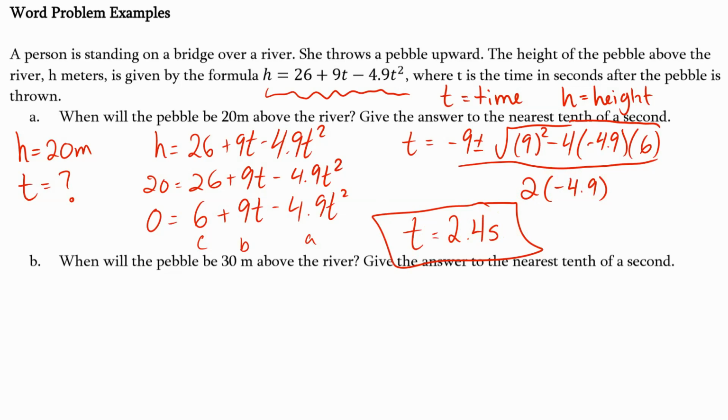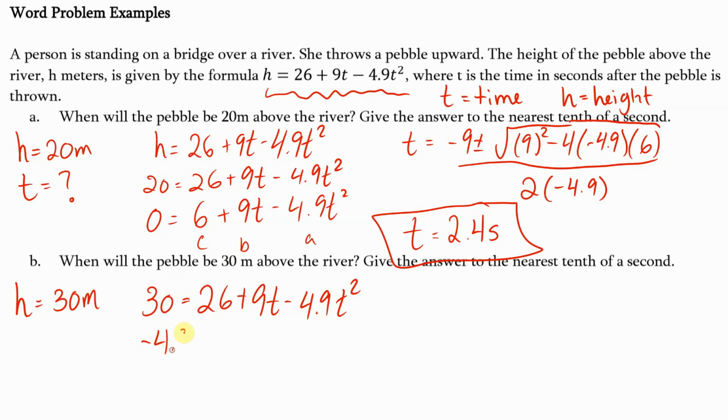The next part says, when will the pebble be 30 meters above the river? So now we're asking for h is equal to 30 meters. If we work this out using the same formula, we have our a, our b, and our c.